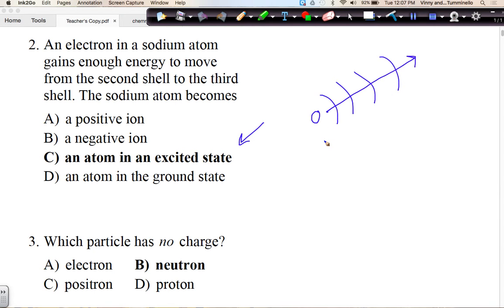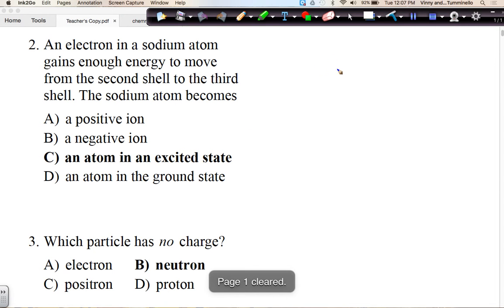The original state, when the electrons are in the lowest possible energy states, would be the ground state. If electrons move further away from the nucleus by absorbing energy, they move to the excited state. And don't forget that as electrons fall back down to the ground state, they give off energy in the form of light, and that is responsible for the bright line spectrum.